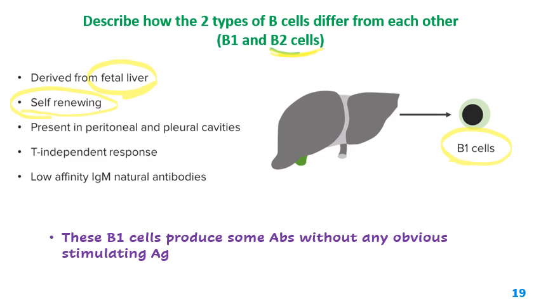These B1 cells are very important for defense against things that want to go through the mucosal barriers. And these B cells are very cool in that they are self-sufficient. They get activated without the help of T cells, so they are T independent. Who needs T cells anyway, right?